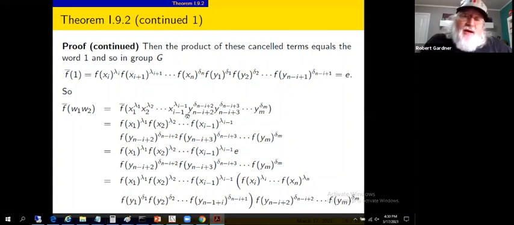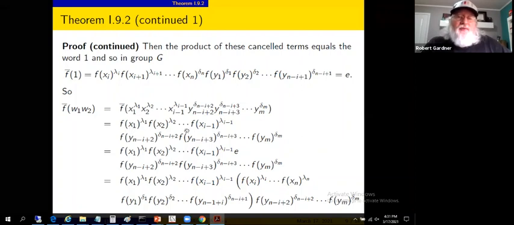We've lost a bunch of X's and a bunch of Y's potentially in the reduction process. But that's what W1, W2 is under the binary operation in the free group. So when we apply F bar to that, as above, that's F of the subscripted X's with the corresponding exponents. And the problem is all those middle terms are missing.